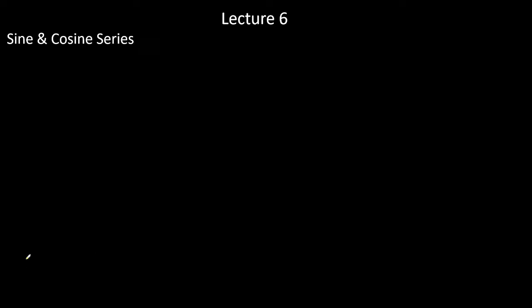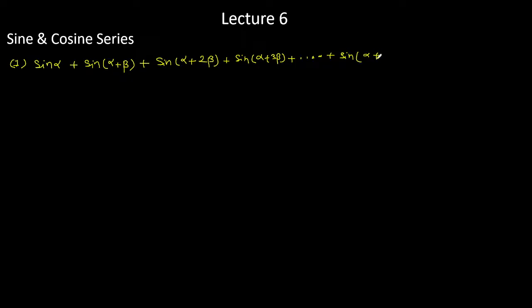So we are told that if we are given to find sine alpha plus sine alpha plus beta, sine alpha plus 2 beta, sine alpha plus 3 beta plus dot dot dot, sine alpha plus n minus 1 beta, what will it be?